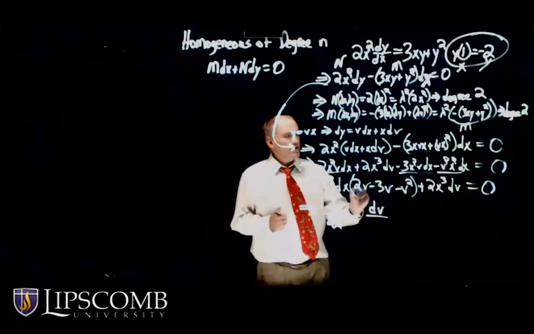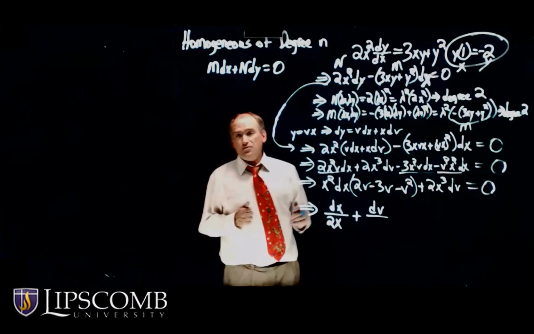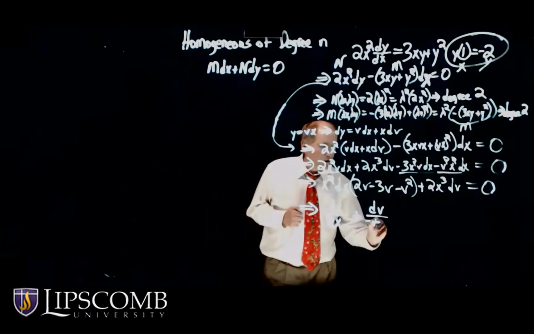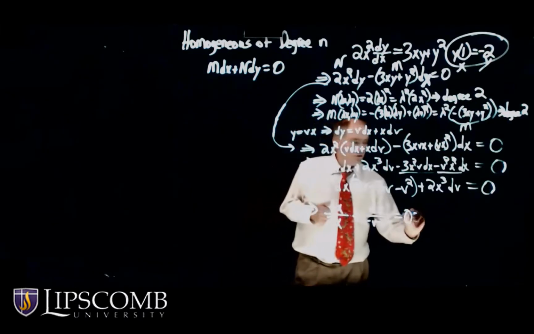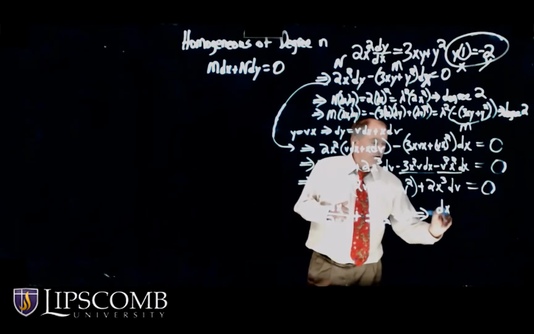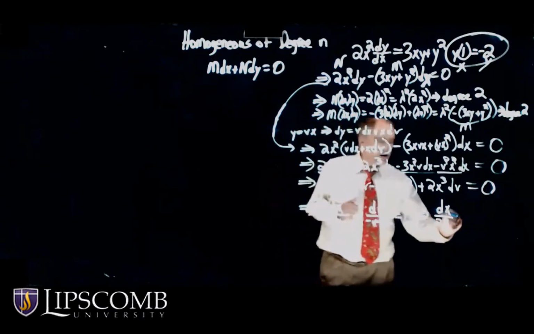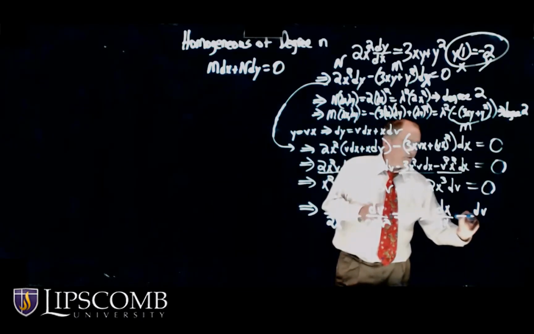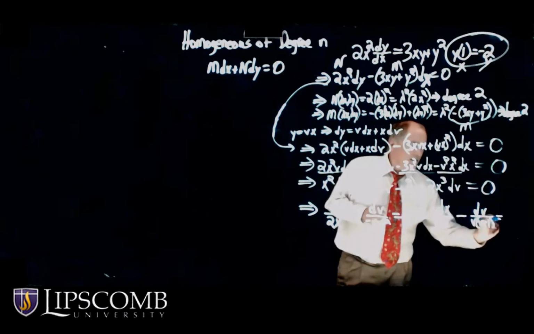Now this is 2v minus 3v. 2v minus 3v is a negative v, so I'm going to have a minus v squared equal to 0. So let's rewrite this. So this would be, again, dx over 2x. Let's put the negative out front and let's break it up. So this would be dv over v times (v plus 1) equal to 0.